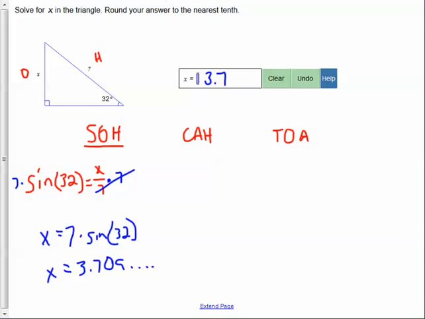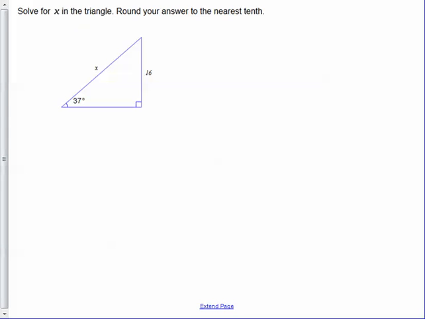Now one thing I do want to say: if we're looking at one like this, we're given the angle, we're given the opposite side this time, and we're missing the hypotenuse. So we're still going to use sine because it's opposite and hypotenuse. This time we have sine of 37 equals 16 over x. Now x is in the denominator, and that's a problem, because if we're solving for x, x can't be in the denominator.